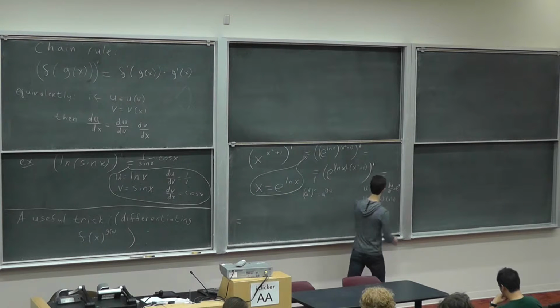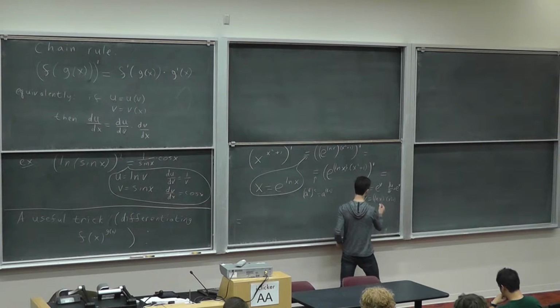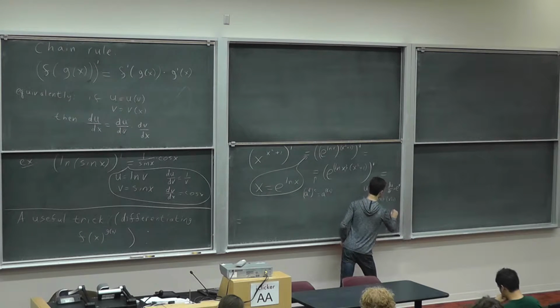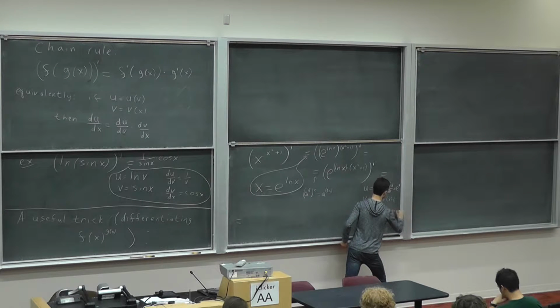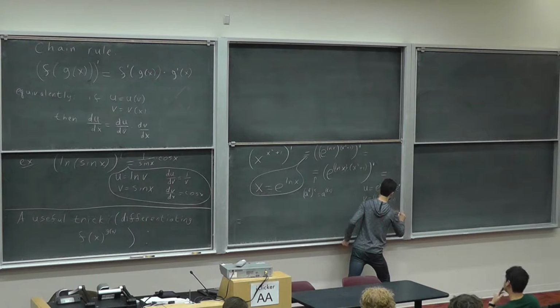I see this as a product of two expressions, and I apply the product rule: derivative of the first expression times the second expression plus the first expression times the derivative of the second one, 2x.